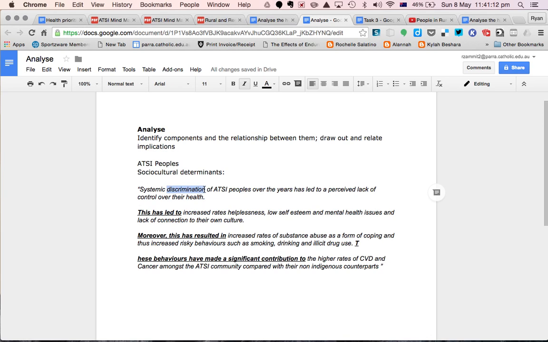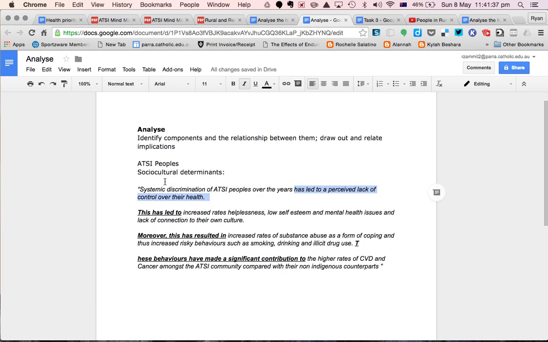The systemic discrimination just means ongoing discrimination over time. So that's a component, and you can see that the relationship has been made between discrimination and ATSI peoples. Also they've made a relationship to a perceived lack of control, or this has led to a perceived lack of control over their health.